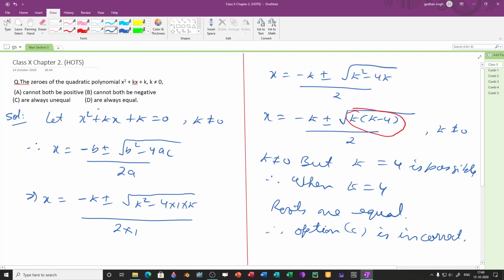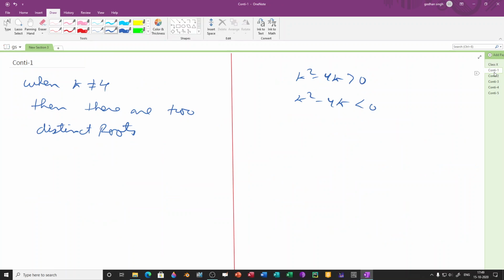So we can say that option D is incorrect, because option D says that the roots are always equal, but when k is not equal to 4, we are getting unequal roots. So option D is incorrect.